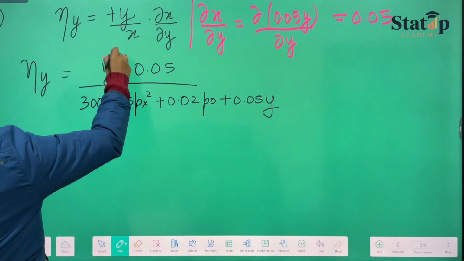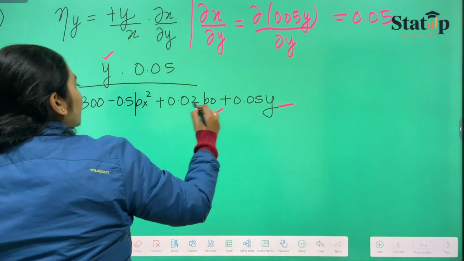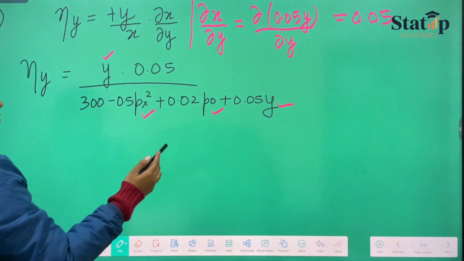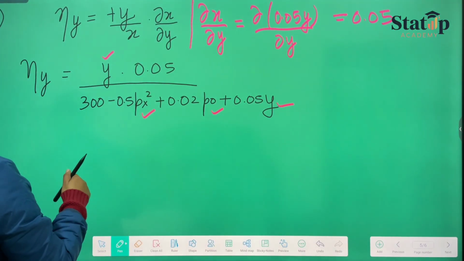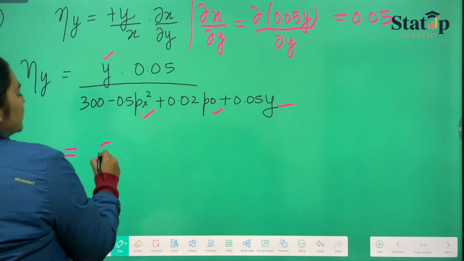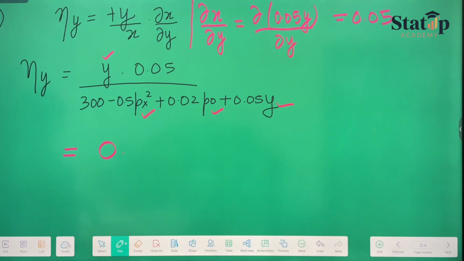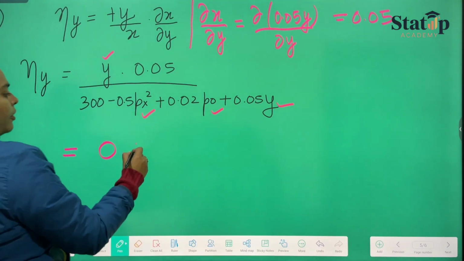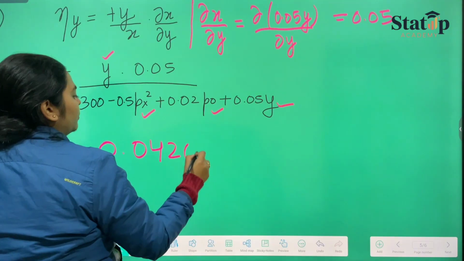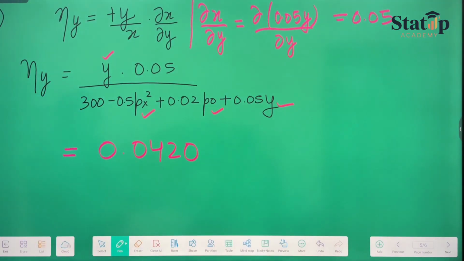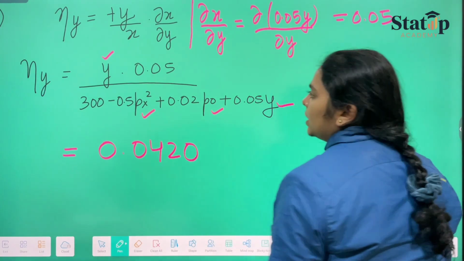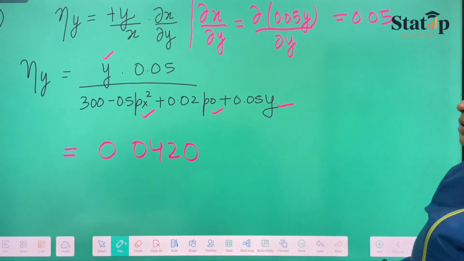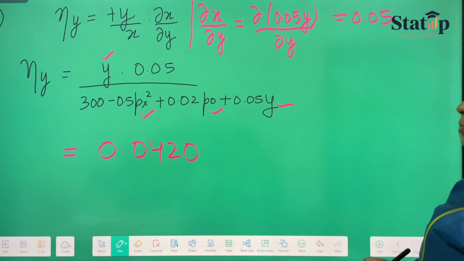Substituting y as 100, p naught as 10 and px as 12, we get the answer of 0.0420. And hence we get the income elasticity of demand for our commodity X.